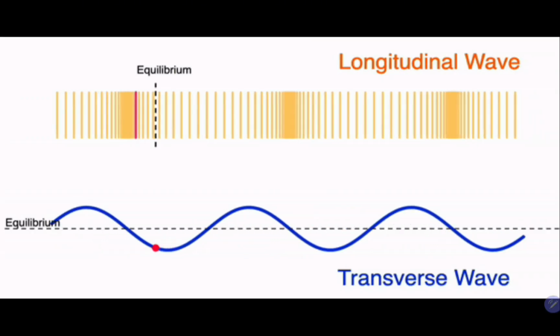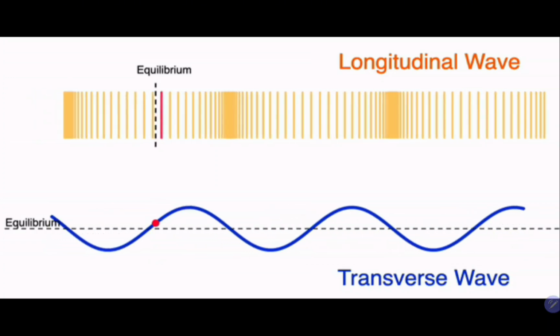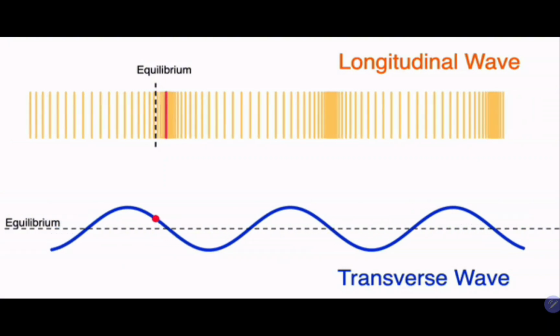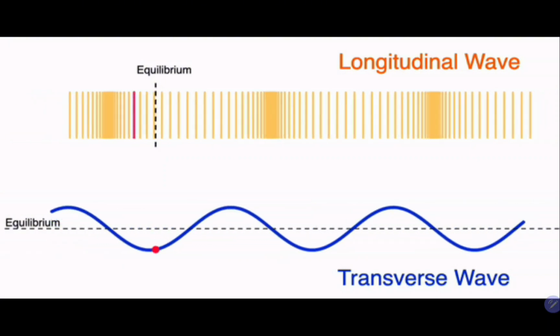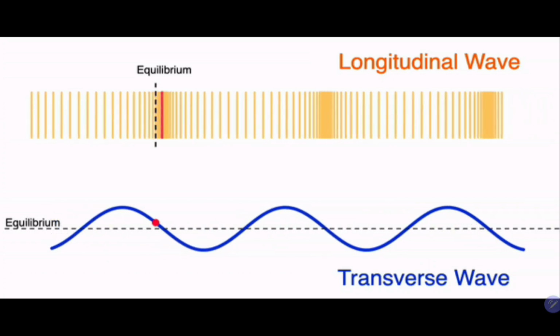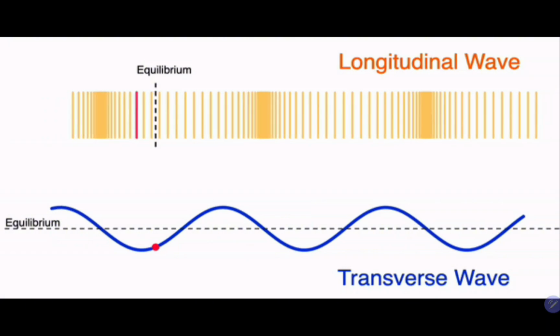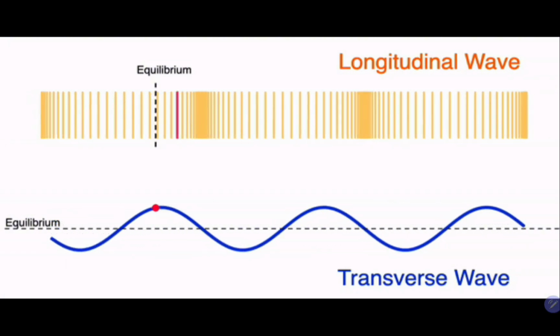I want us to pay attention to the blue wave. The blue wave is a transverse wave, and the dotted line is the equilibrium. So I want us to pay attention to that red dot. That red dot is a particle on the wave. And if you pay attention to its movement, you can see it's moving in an upward, downward position.